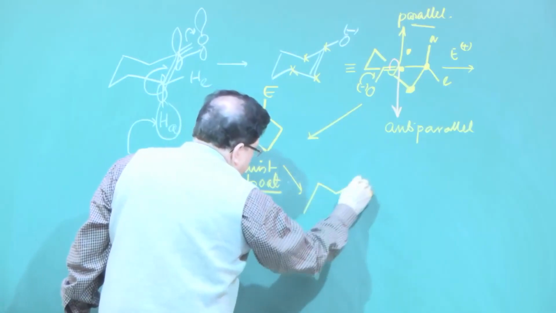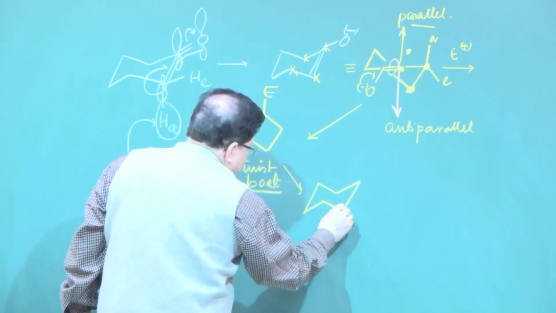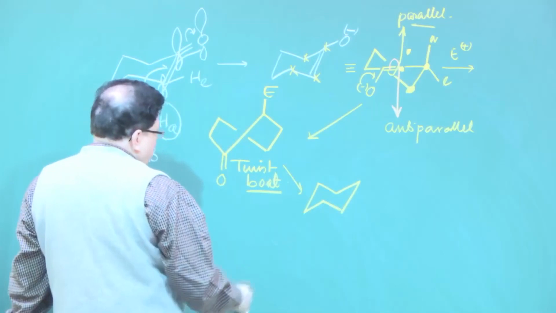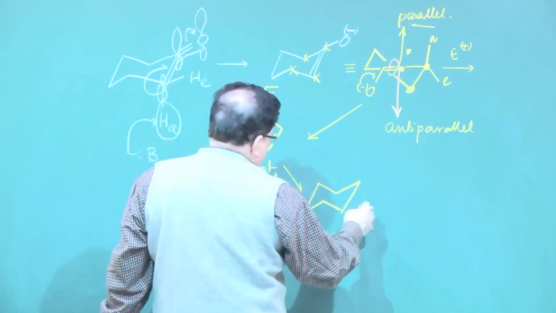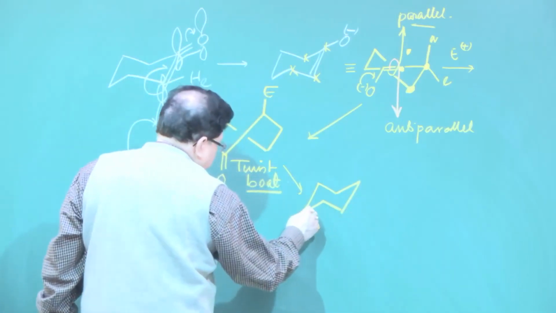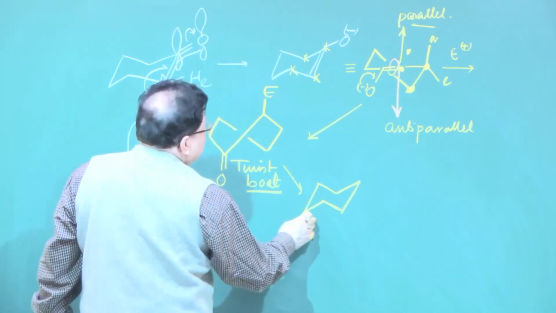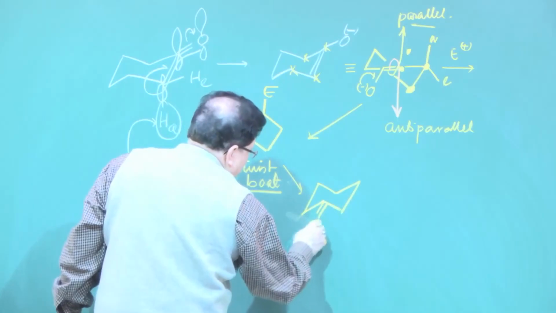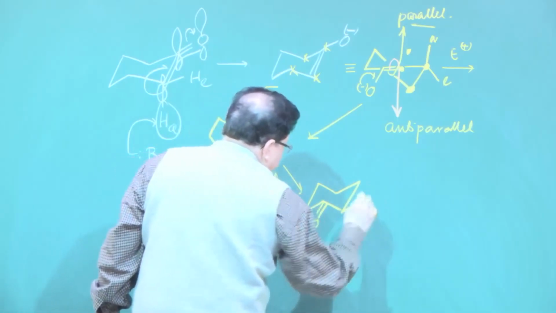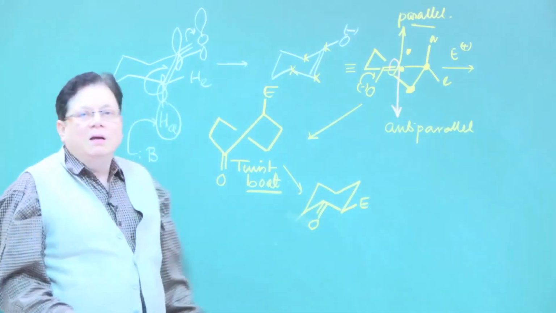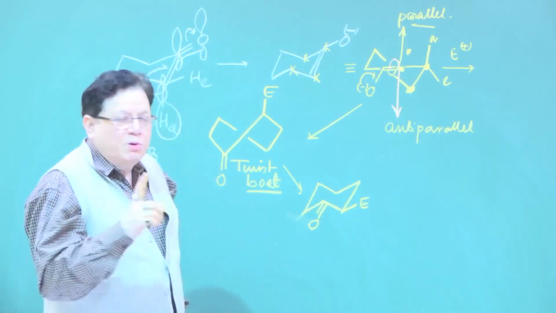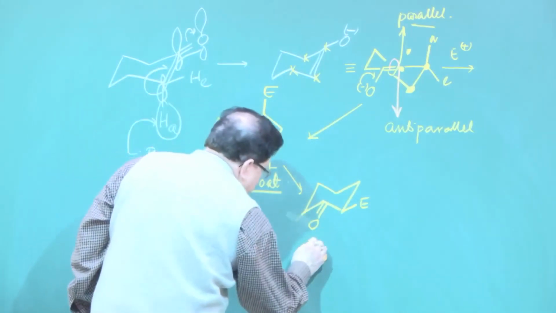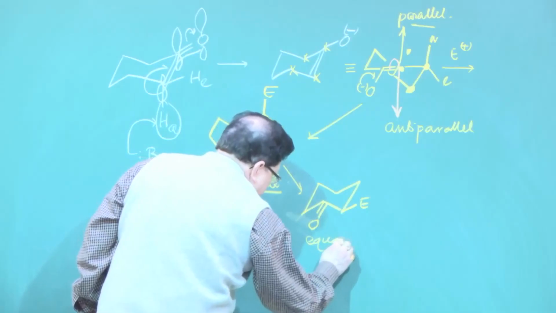Then the carbonyl is here and the electrophile is here, so the electrophile ultimately occupies an equatorial position. This is the equatorial product.